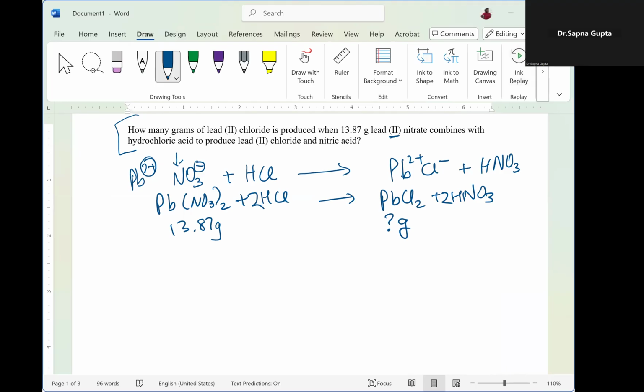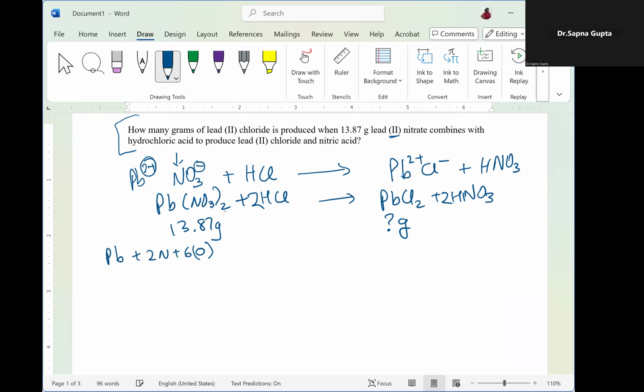So now I need to find the molecular weight of both of these things because I need to be able to convert from moles to grams and all that. So here is another way of doing this quickly. I have 1 lead, and then I have 2 of the nitrogen, and then I have 6 of oxygen.